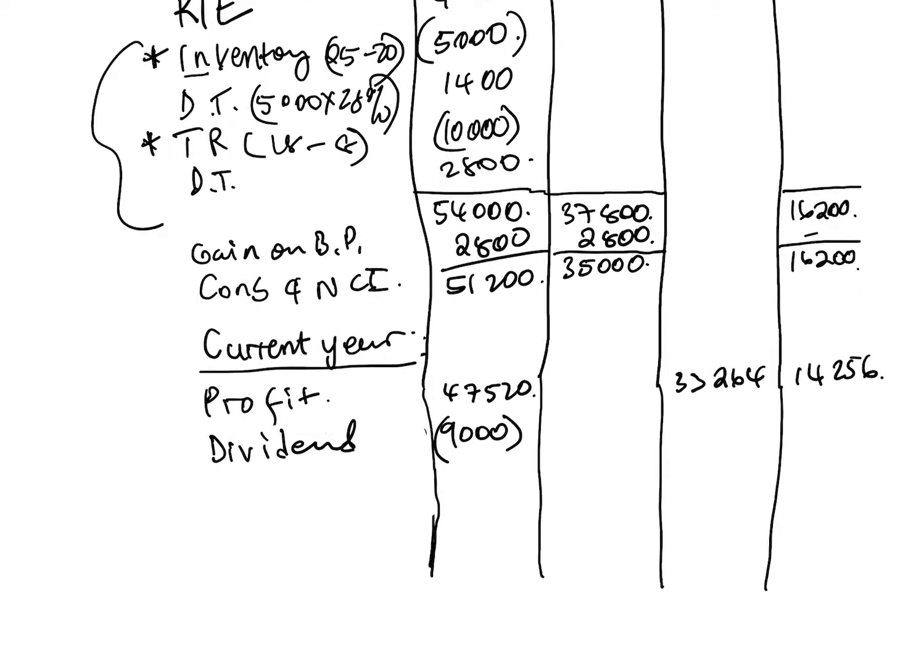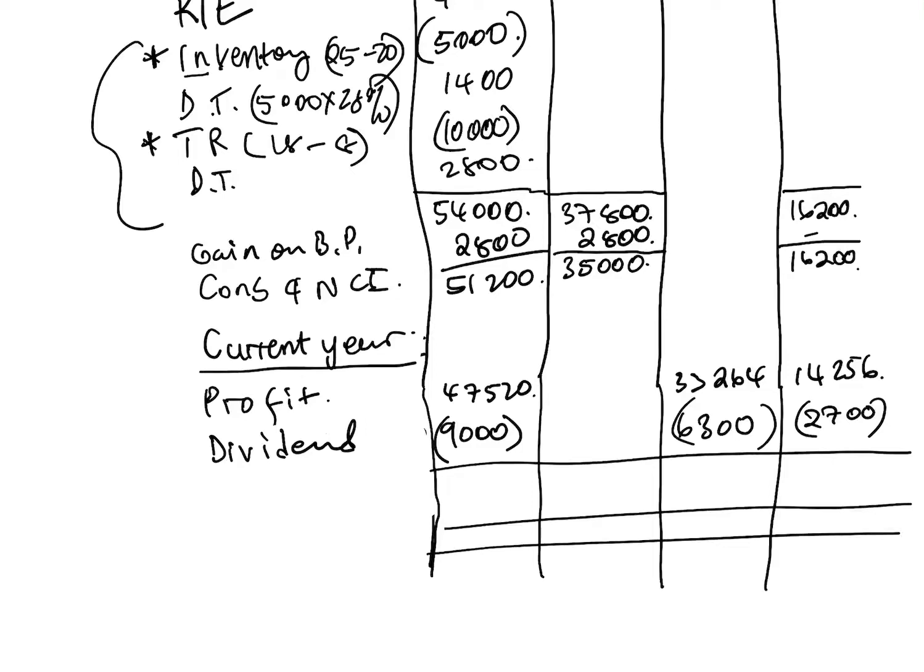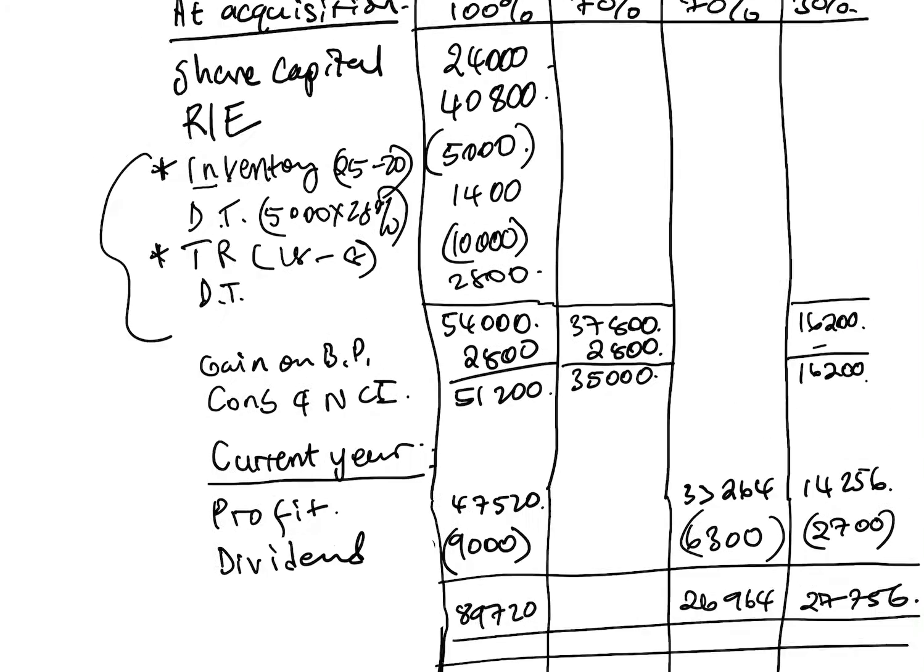Multiplied by 70%, you get 6.3 and 2.7. Then we get your totals, which are not necessary, but you can do them to test if your totals are correct: 26,964 and 27,756. Remember the question wanted us to prepare journal entries.